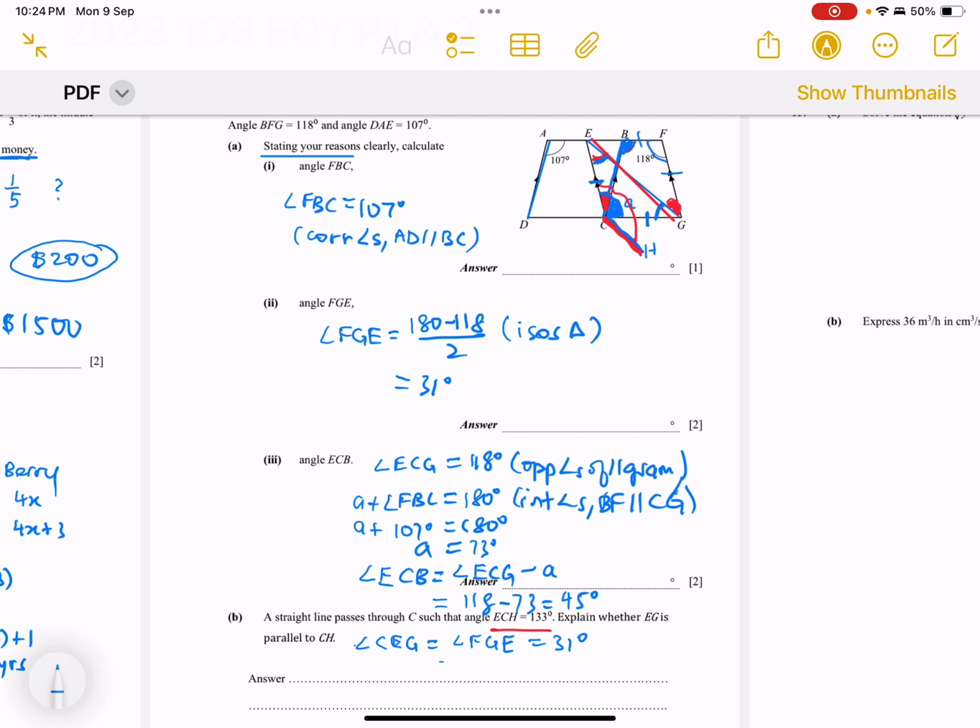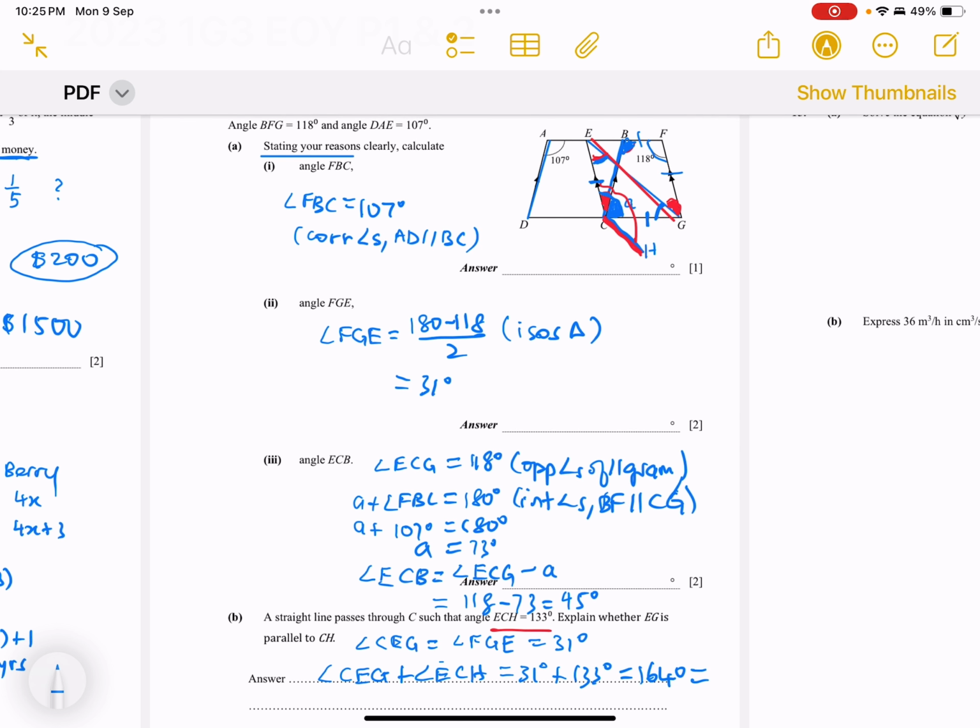Now if we add the two angles, angle CEG plus angle ECH, it will give us 31 degrees plus 133, which is equal to 164 degrees.